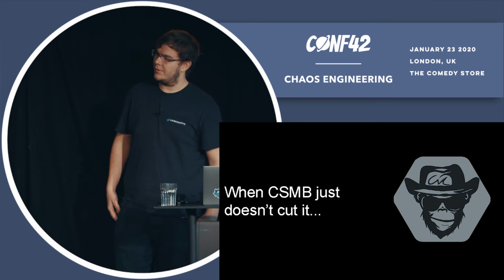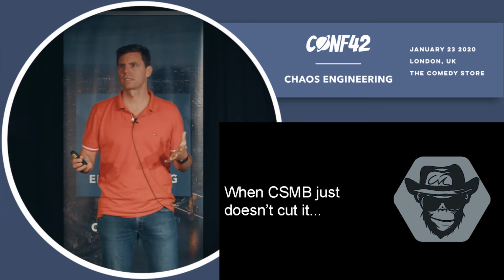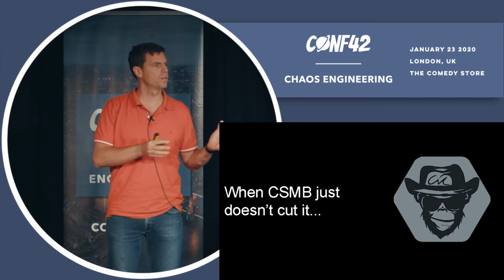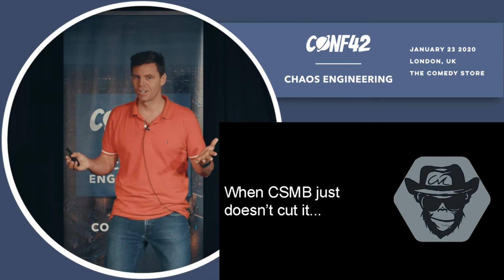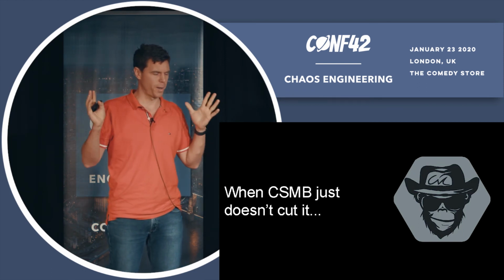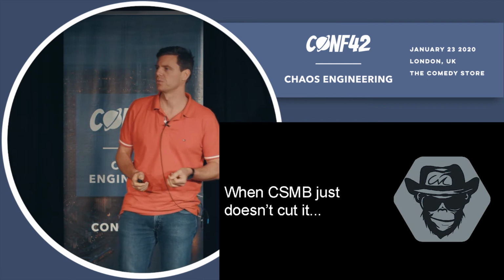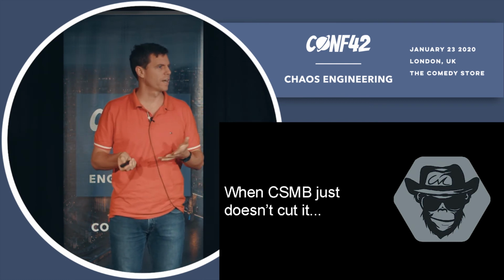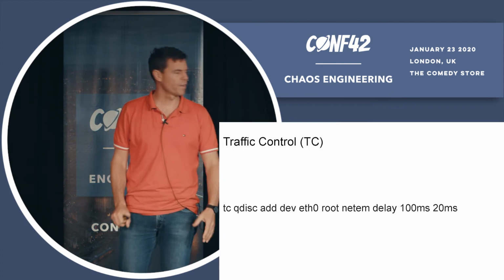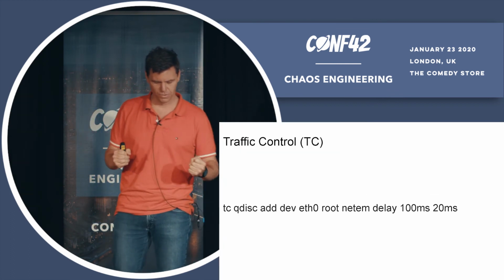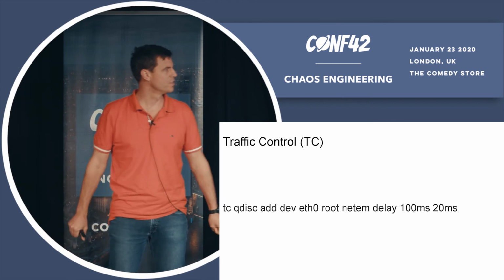In your POM, yeah. Those are some of the advantages of Chaos Monkey for Spring Boot, but obviously, if you're not using Java, or for other reasons, you're going to need other tools. So we thought we'd point out a few other things that are out there. Traffic control: if you want to do some low-level Linux kernel stuff, you can use traffic control.